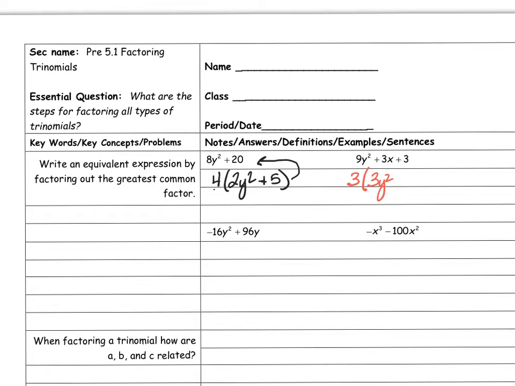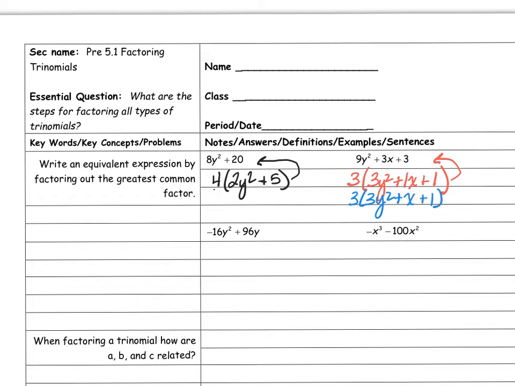And 3 goes into 3x, 1x times, because 3 times 1x gives me 3x. And then 3 goes into 3 one time. Okay, so I need to have all 3 terms there, so when I distribute out, I get this back. It can also be written as 3 times 3y squared plus x plus 1.